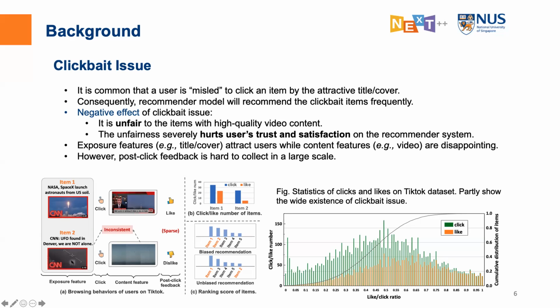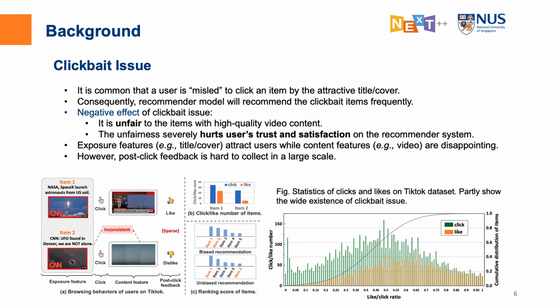So one solution is: can we use post-click feedback, maybe ratings or user reviews, to indicate user preference? We choose clicks as the positive signal because they are easy to collect on a large scale.